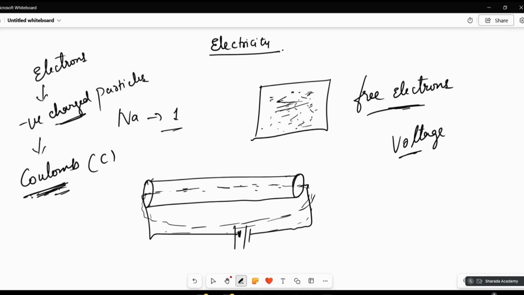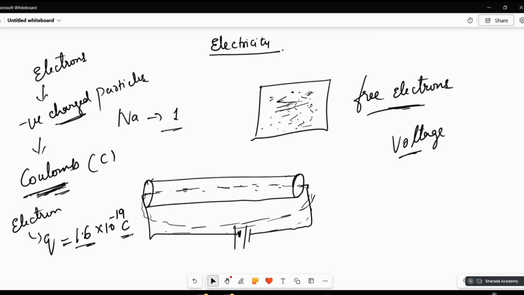We call this Q, and that is equal to 1.6 into 10 to the power of minus 19 coulombs. That is the charge of one electron.